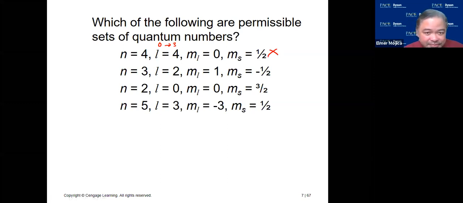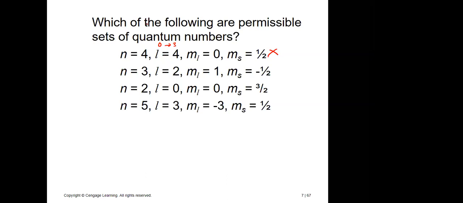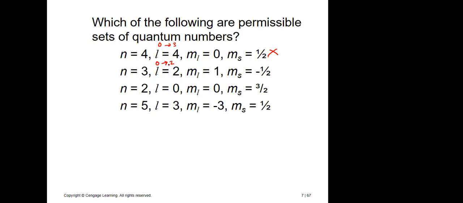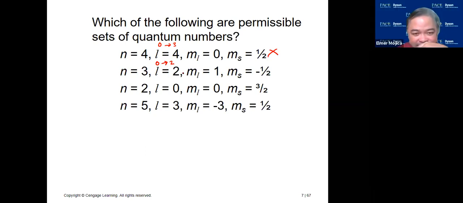How about the second one? Is this allowed? I think it is. But isn't it n minus 1, so this is from 0 to 2? Yes, so any value from 0 to 2. Since L is 2, the M sub L value would be from -2 to positive 2.